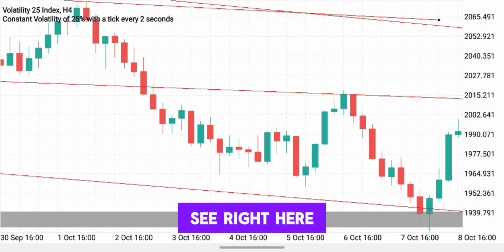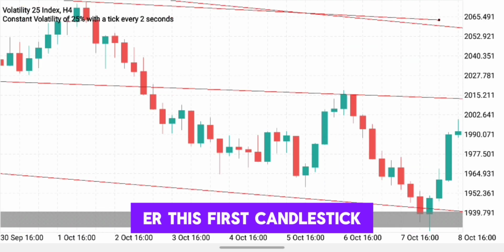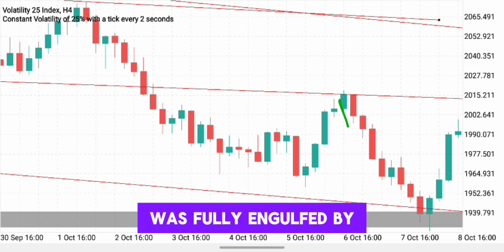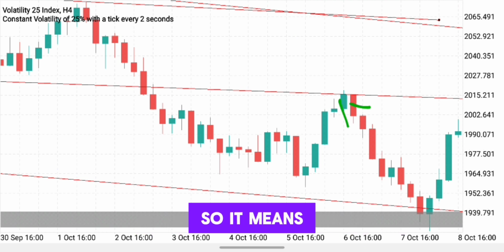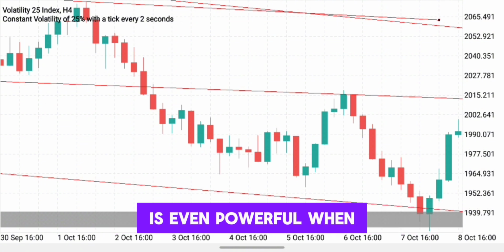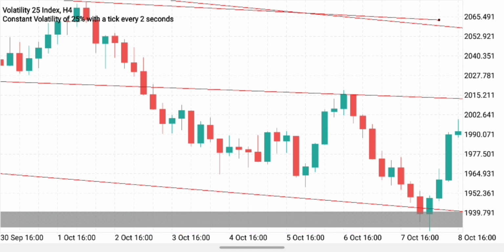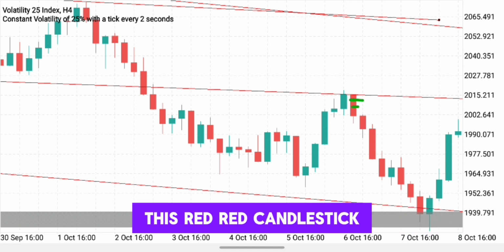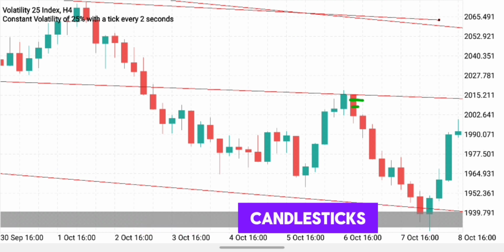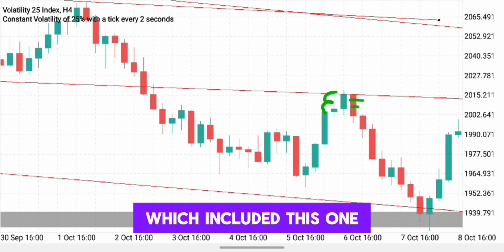As you can see right here, this first candlestick was fully engulfed by the second candlestick, the second being the bearish candlestick. So it means there was a bearish engulfment. The bearish engulfment is even more powerful when this red candlestick engulfs two of the previous candlesticks, which included this one and this one.